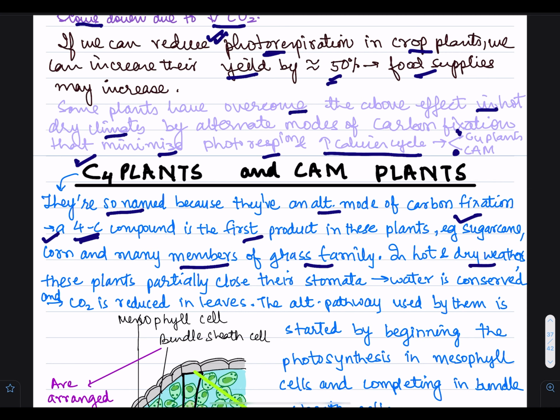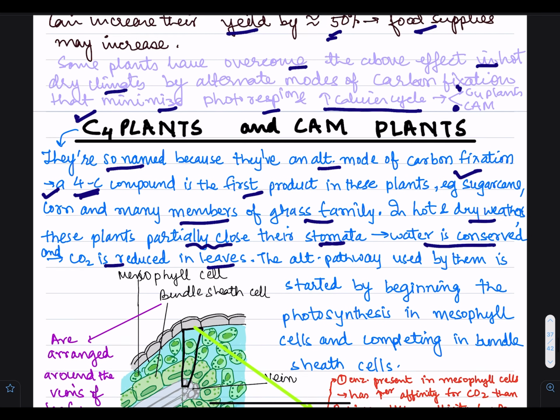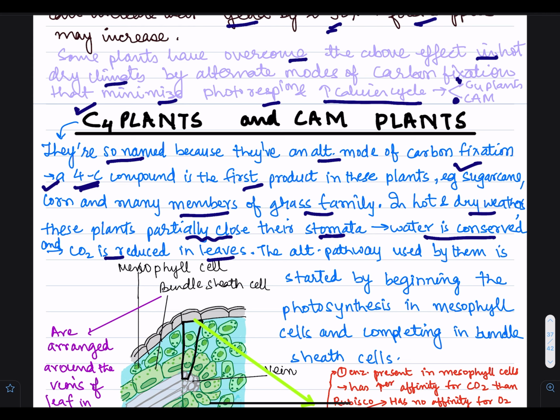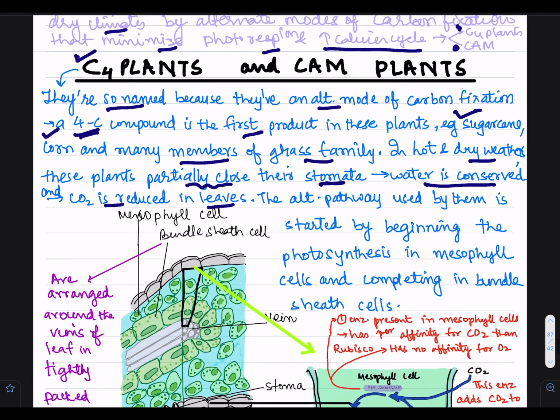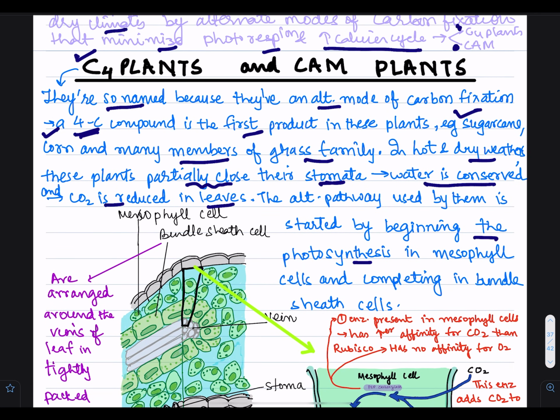In hot and dry weather, these plants partially close their stomata. So water is obviously conserved and carbon dioxide is reduced in leaves.